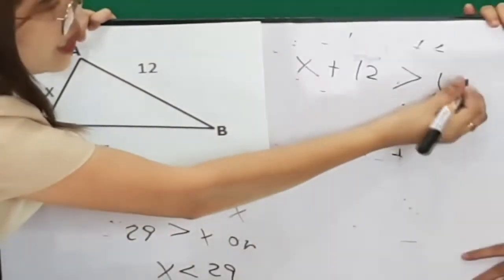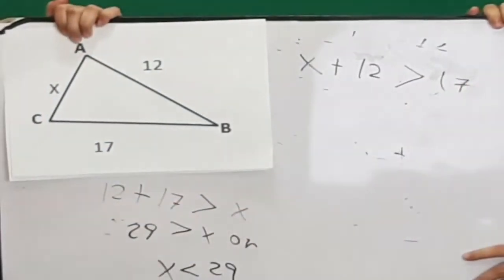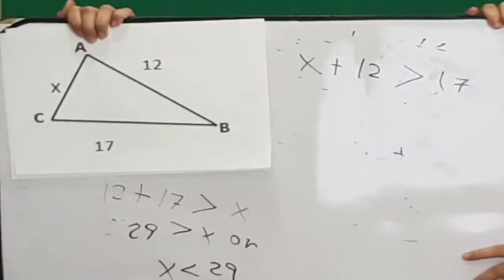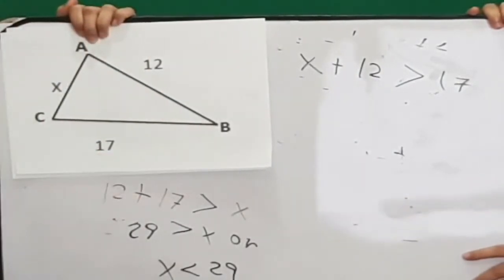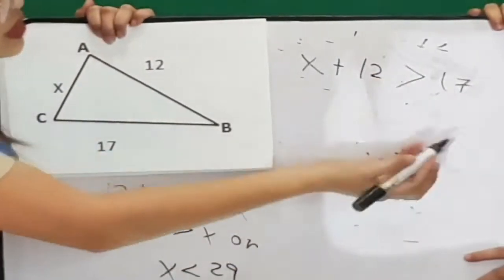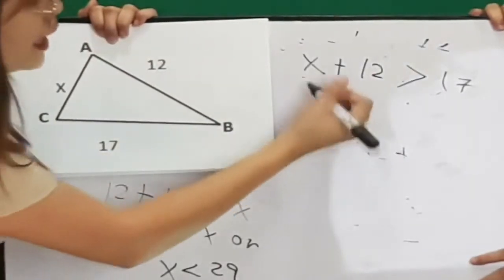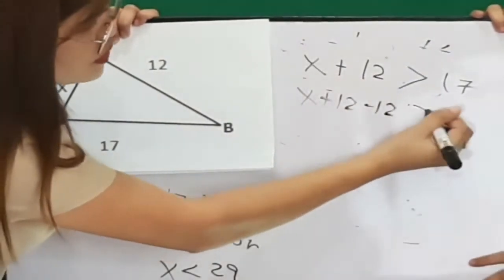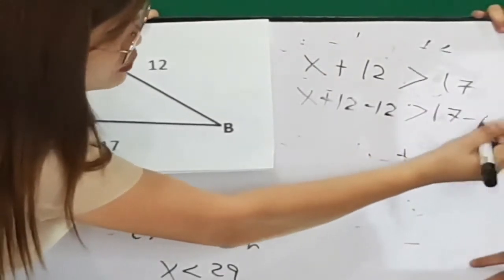Now, if we are going to solve for the value of x here, then we apply the APE, addition property of equality. So, we subtract both sides by 12. So, we now have x plus 12 minus 12 is greater than 17 minus 12.